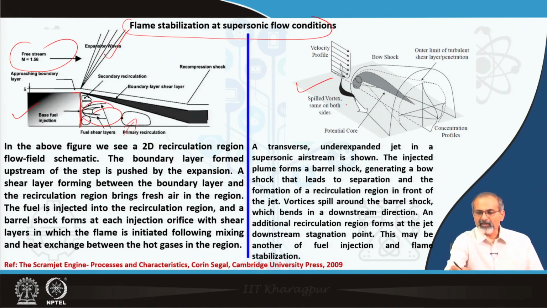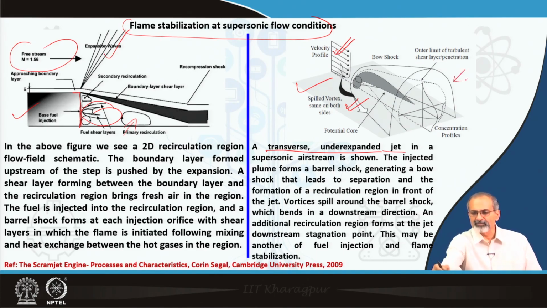while this is another where you have a supersonic cross flow approaching an orifice which is wall mounted, from which you have a transverse underexpanded jet being injected into the supersonic airstream. The injected plume forms a barrel shock.